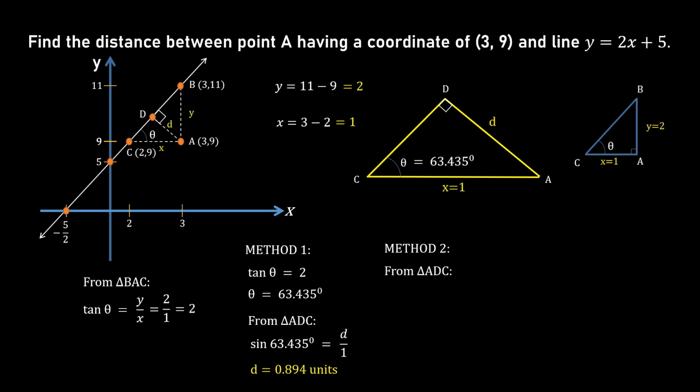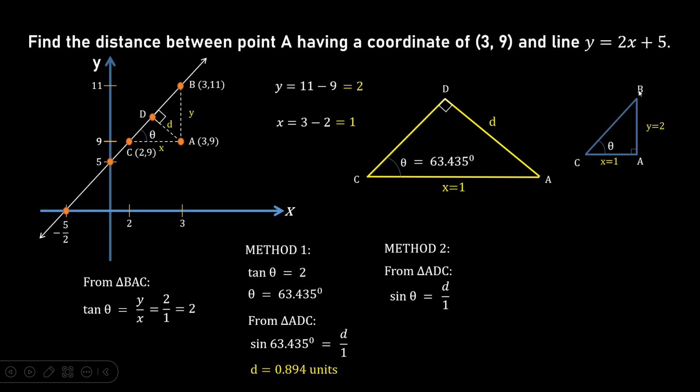From triangle ADC, sine theta is equal to the opposite, which is D, over the hypotenuse, which is equal to 1. As we said earlier, in method 2, we would not directly compute for the value of theta, but we would compute the value of sine theta from this triangle.